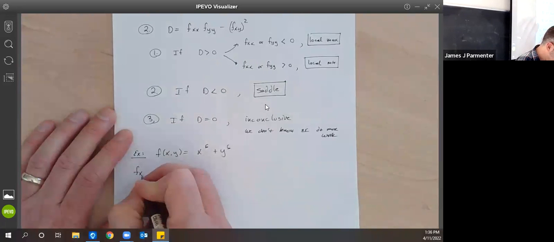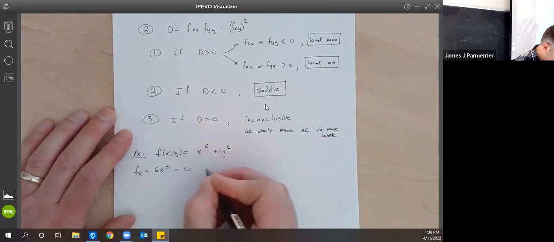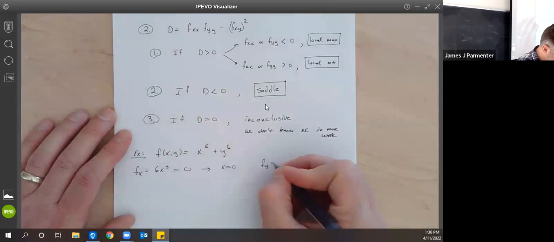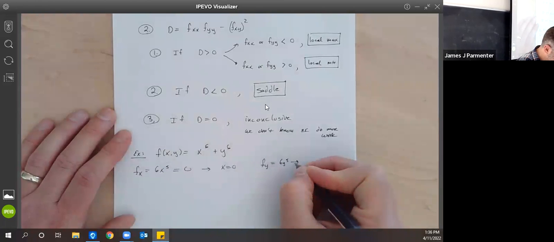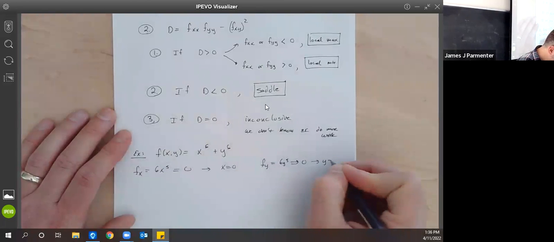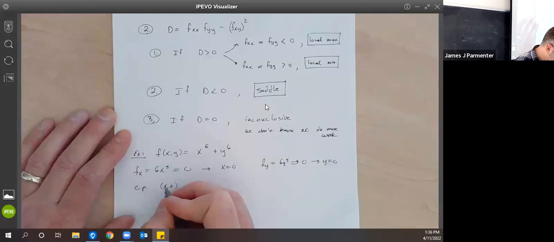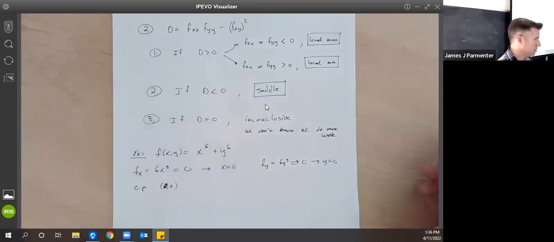Fx is 6x to the 5th. Set that equal to 0, you get x equal to 0. Fy is 6y to the 5th. Set that equal to 0, you get y equal to 0. So our critical point is definitely the origin, 0, 0, or 0, 0, 0 if you find the z value.